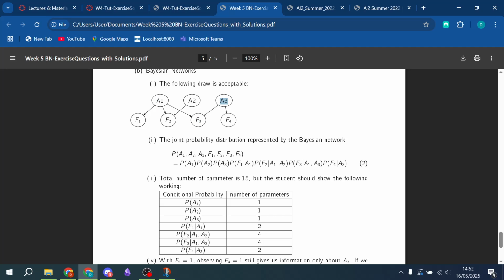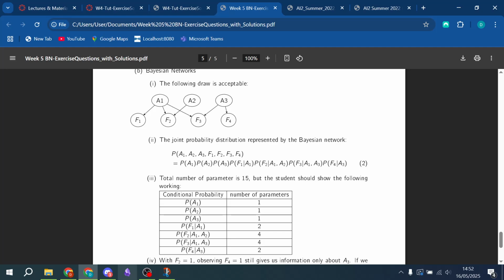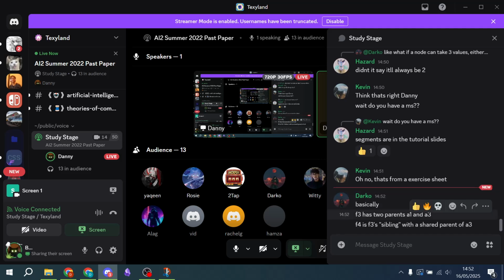So, I think I might not be getting this right, but what did I put here? I said that learning F4 is true tells us nothing because we already know about A3. But I think that's definitely wrong. I'm just gonna see what you guys have put for this because I wasn't sure.